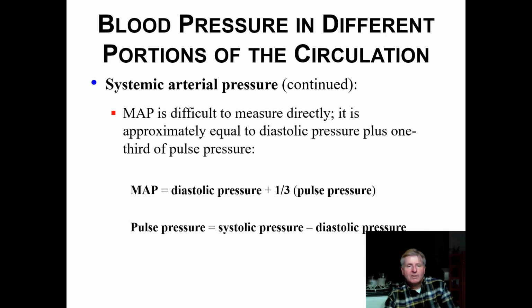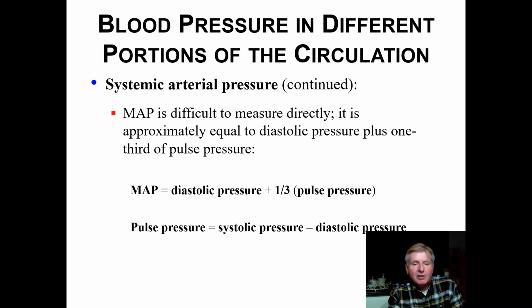You can't directly measure mean arterial pressure. It's approximately equal to your diastolic pressure plus 1/3 of your pulse pressure. And your pulse pressure is the difference between your systolic and diastolic pressure. So let's say your diastolic pressure is 80 millimeters of mercury, and your pulse pressure is systolic minus diastolic, or 120 minus 80, which would be 40. Your pulse pressure would be 40 millimeters of mercury.